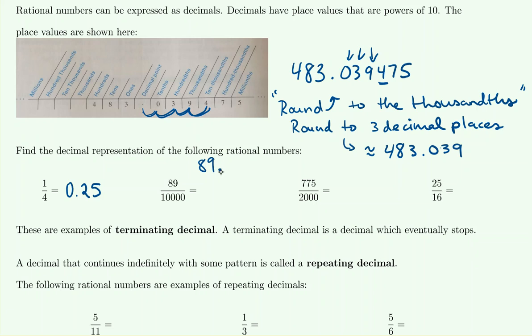What we need to do is move the decimal place 4 places to the left. It should be getting smaller. A number divided by a much bigger number is a smaller number. And everywhere there's not a digit, we'll add a 0. And we would get that this is equal to the decimal representation 0.0089.